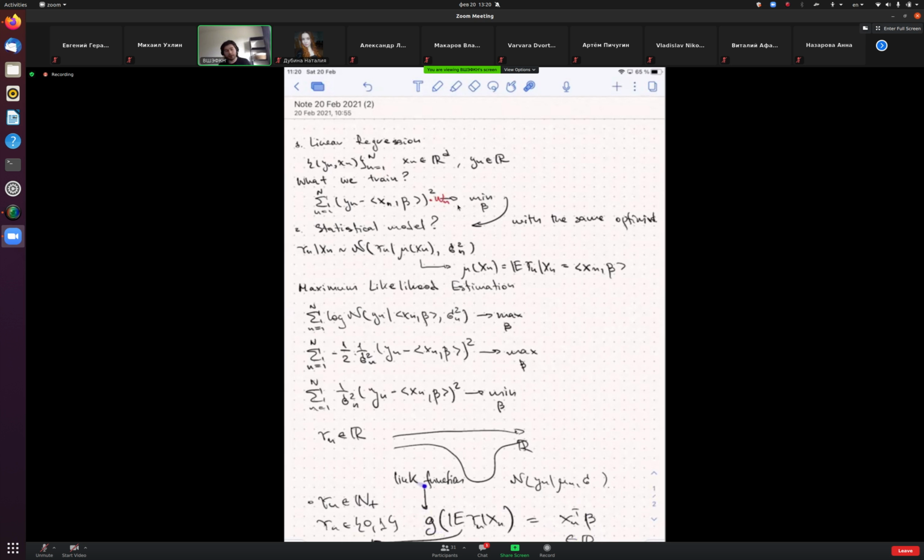So what is this link function? How does it depend on the distribution which we take the expectation with respect to? And how do we find this guy in this approach of maximum likelihood? So these two problems we are going to address.